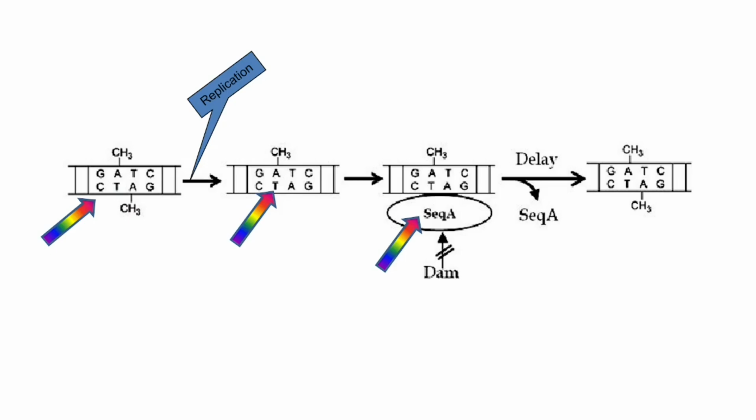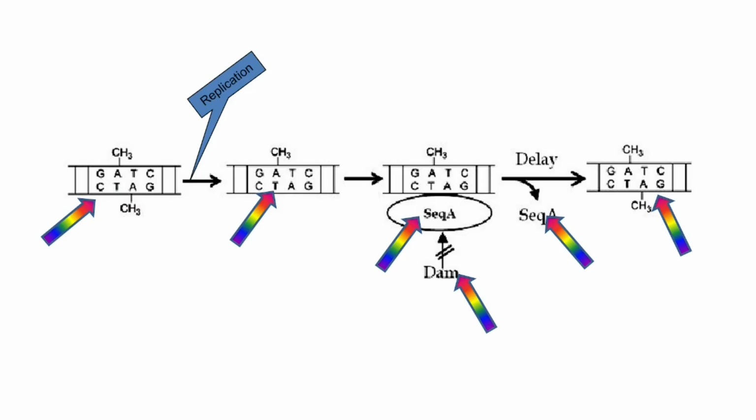As soon as SeqA binds to the hemimethylated sites, it prevents the binding of Dam methylase for methylation of adenines. The binding of SeqA is temporal, and after a delay, SeqA dissociates, leaving the site now open for Dam methylase to methylate the adenines and make the regions fully methylated.